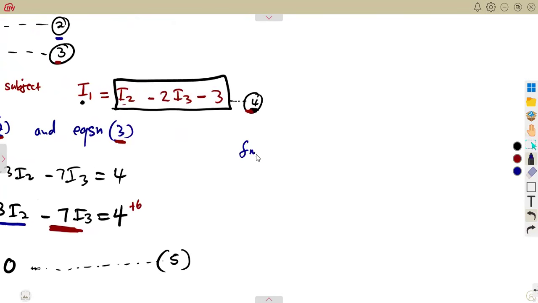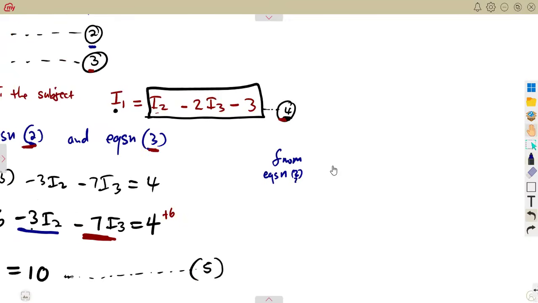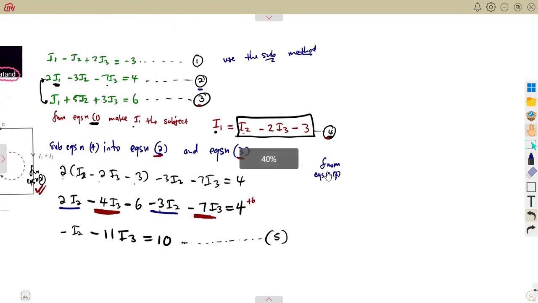So from, like I said, equation 3, we are going to substitute the same I1 that we had, or the same equation 4. Remember what your substitute is, equation 4. So in place of I1, we are going to substitute this as it is. So that is going to be I2 minus 2I3 minus 3.